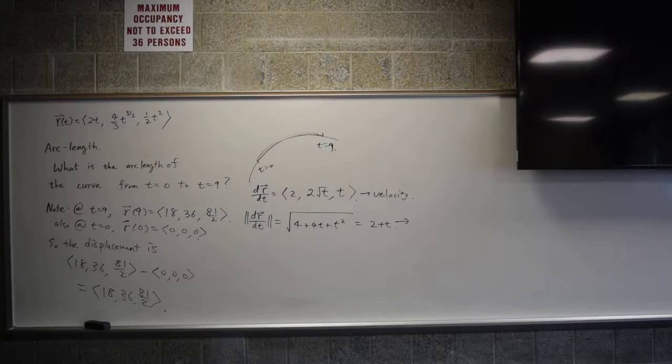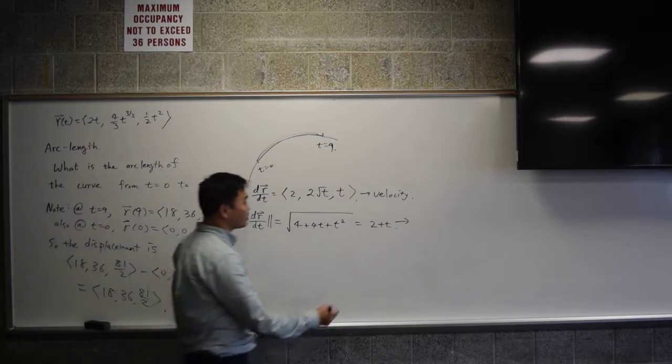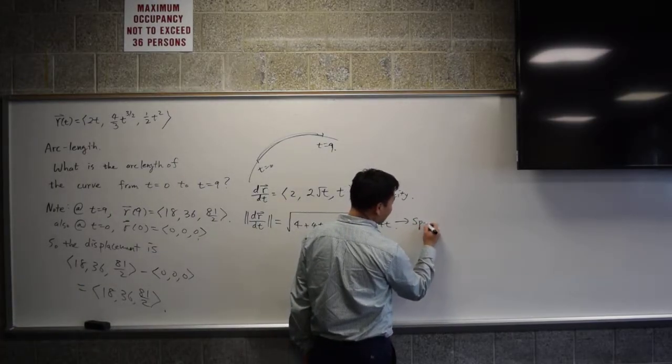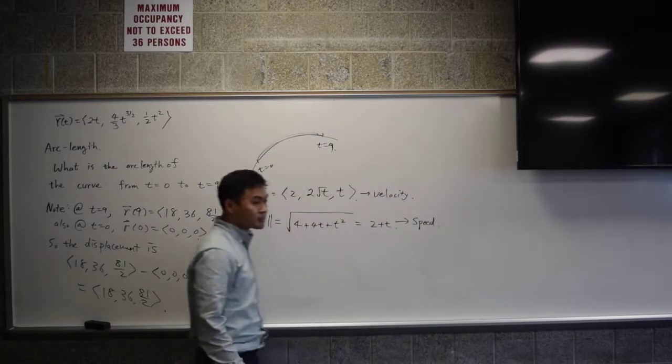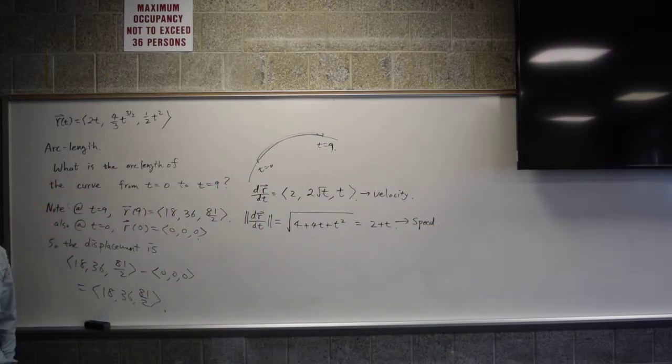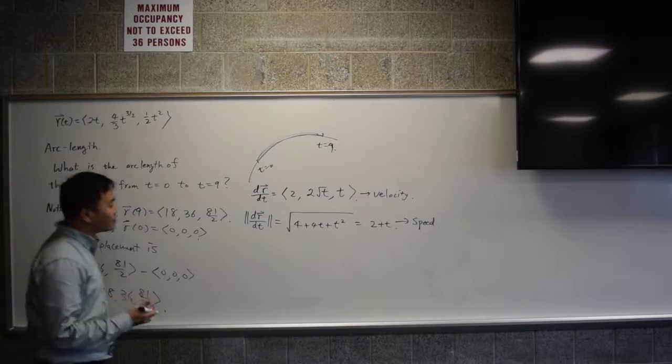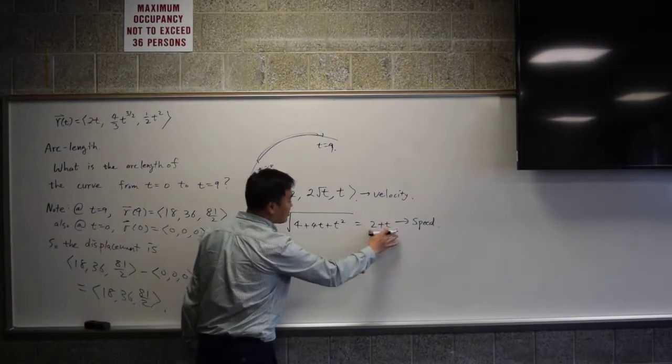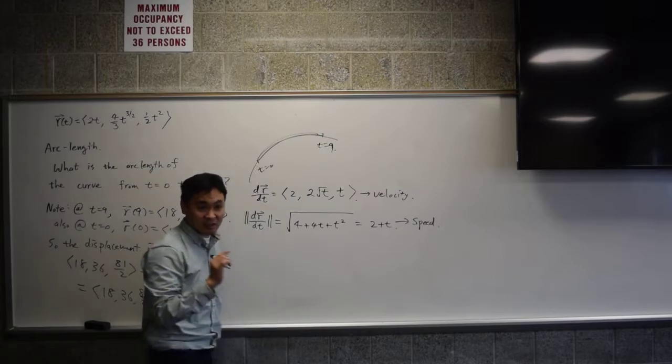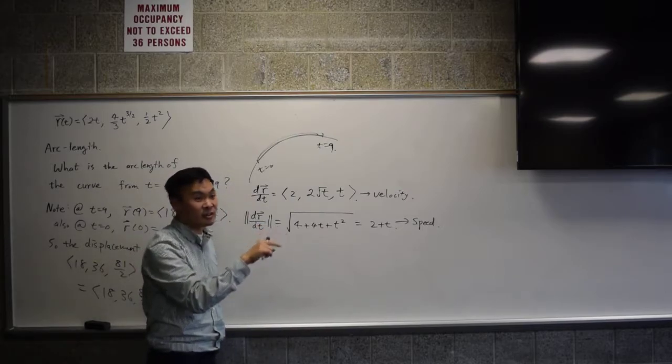No. The direction is the tangent. So if you have a velocity, the direction gives you the tangent vector, but the magnitude of the velocity is the speed, right? Magnitude of velocity is the speed. And think of it this way. This measures how fast it's moving. 2 plus t tells you how fast it's moving.